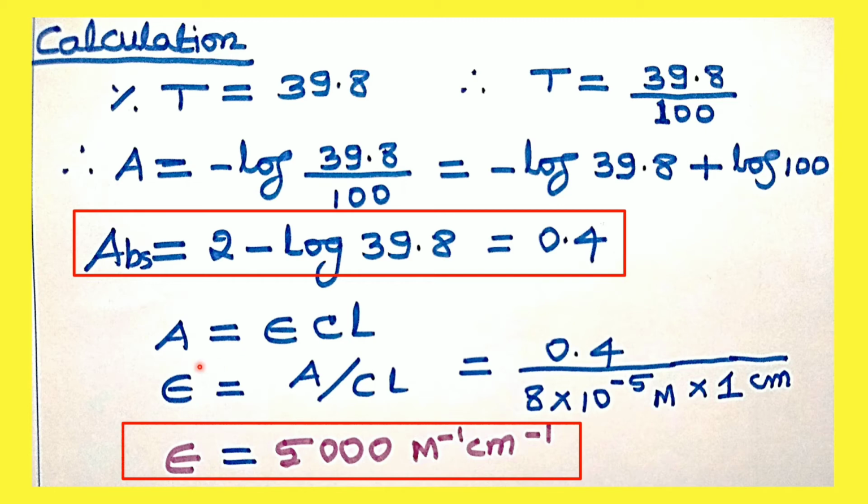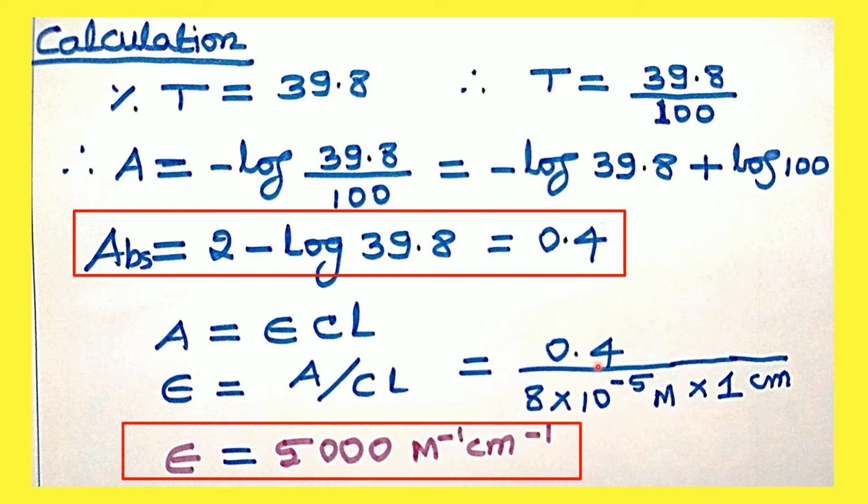In the previous step, we have calculated the absorbance from the transmittance. What they have asked is to calculate the molar absorption coefficient. Molar absorption coefficient equal to A by C l, and absorbance is 0.4. There is no unit for absorbance, because it is I by I naught.